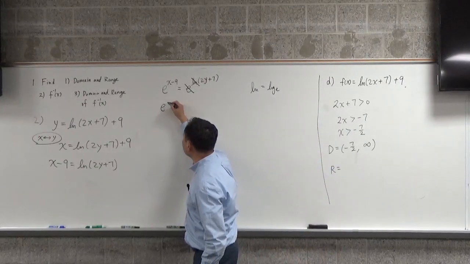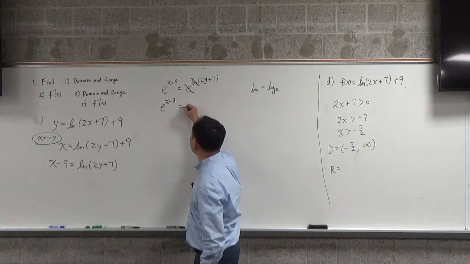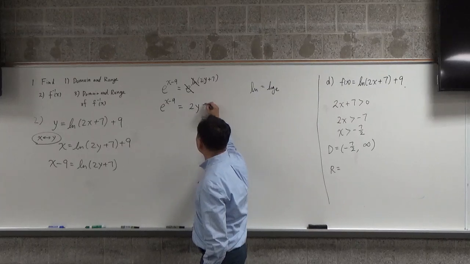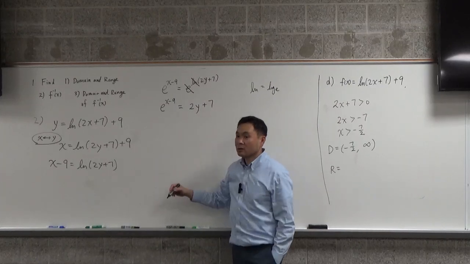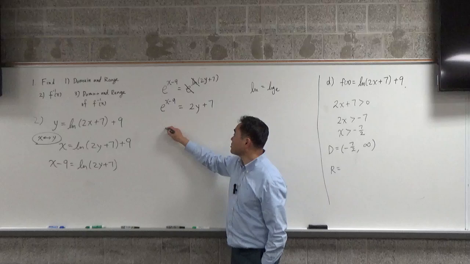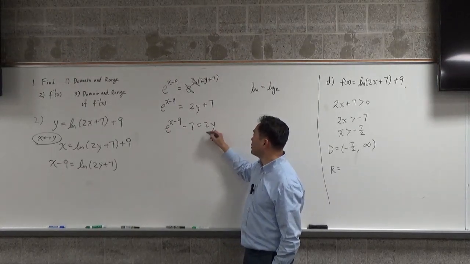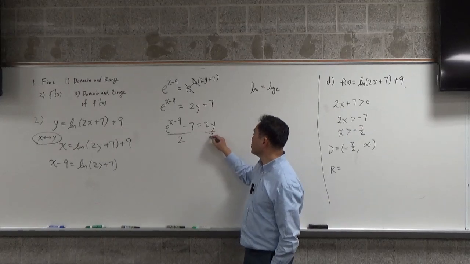So you have e to the x minus 9 equal to 2y plus 7. And subtract 7. And divide both sides by 2.